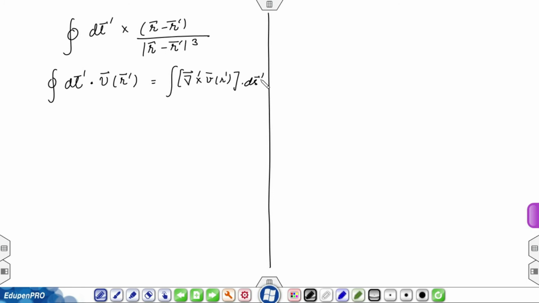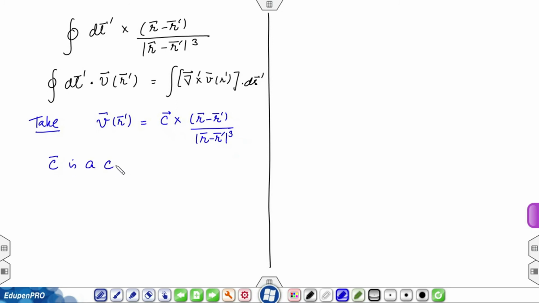Since I want to bring in a cross product, let us, using the tricks in that problem, take V of r prime to be equal to some constant vector c cross r minus r prime over r minus r prime cubed.